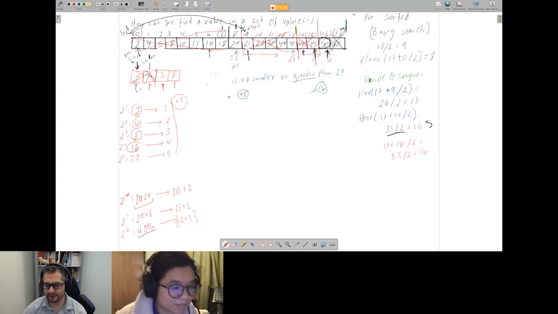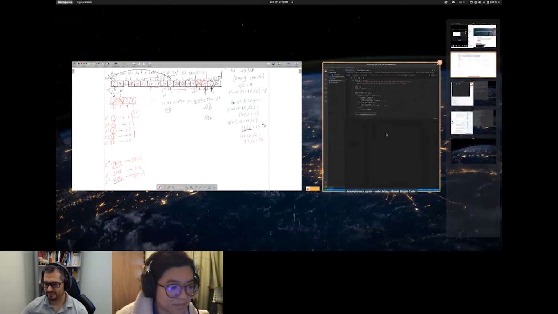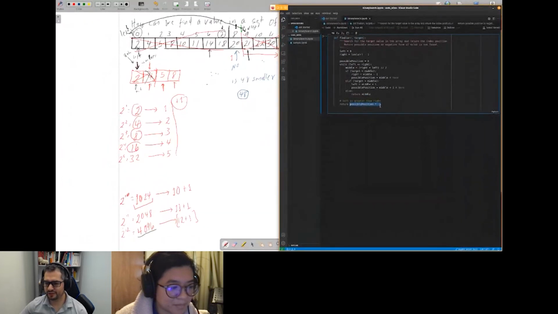That is where that value should go. So then, I can return -16, meaning I couldn't find it, but it should go there. That's why we return the possible position times -1, just to make it negative. Make sense?